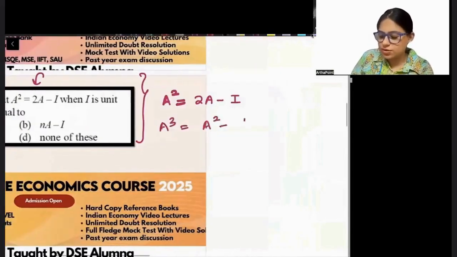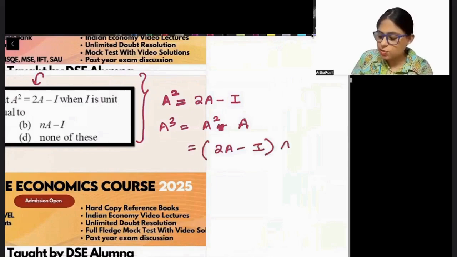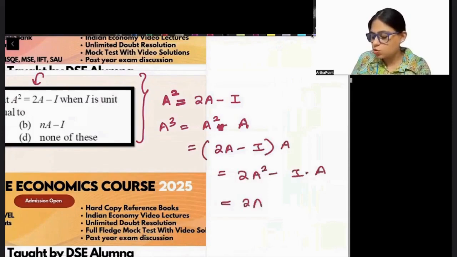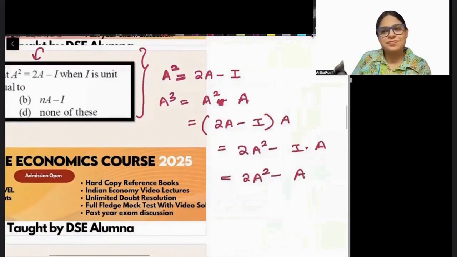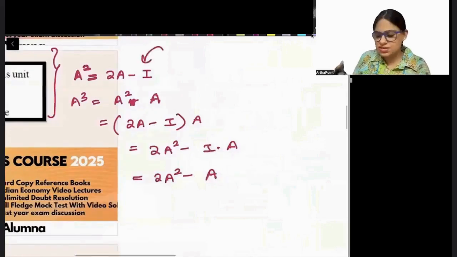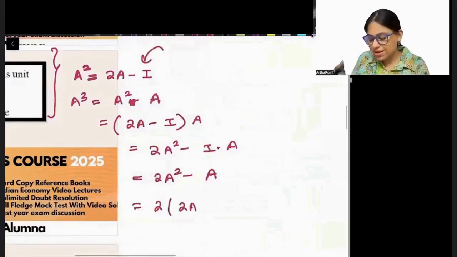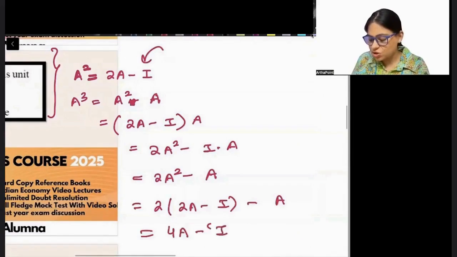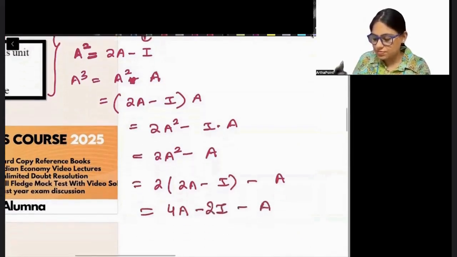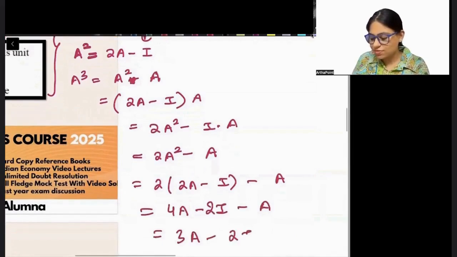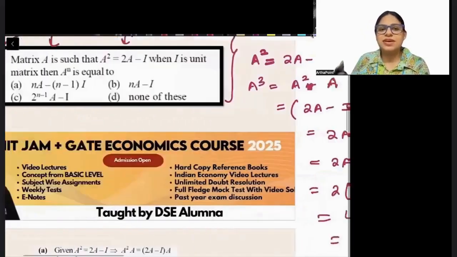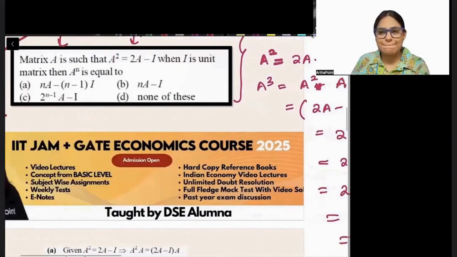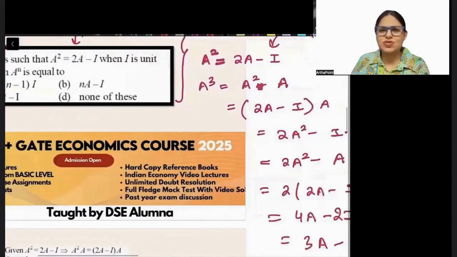A square into A. 2A minus I into A. 2A square minus A. A square is 2A minus I. So 2 into 2A minus I minus A. 4A minus 2I minus A. 3A minus 2I. Are we seeing some pattern as of now?